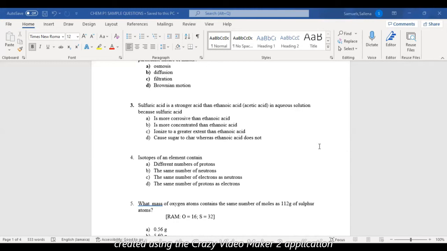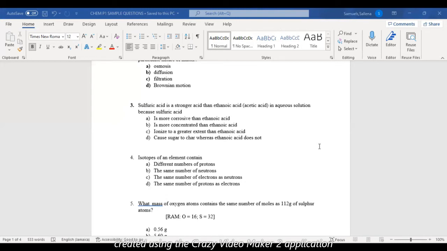Question 4, isotopes of an element contain, is it A, different numbers of protons, B, the same number of neutrons, C, the same number of electrons as neutrons, D, the same number of protons as electrons?